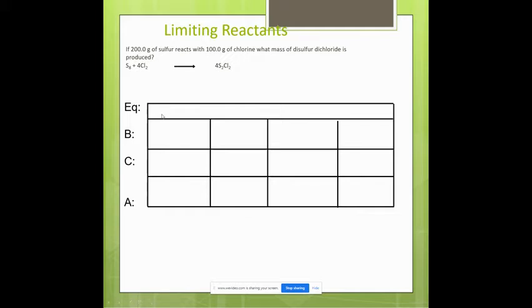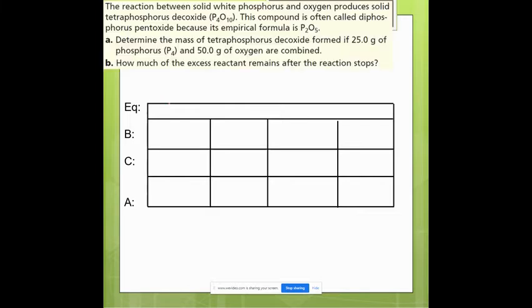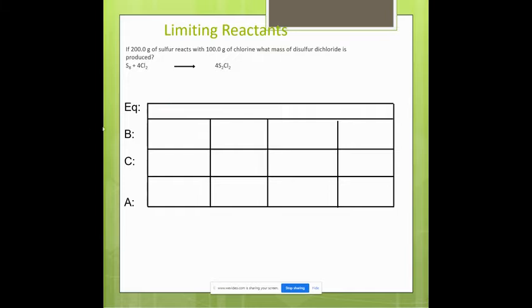So we've got our S8 here, plus our 4 chlorine, and that's going to produce 4 S2Cl2. And then we have an extra column here that we don't need.